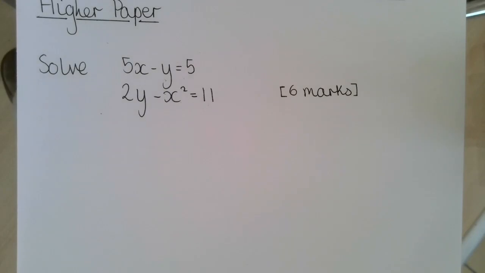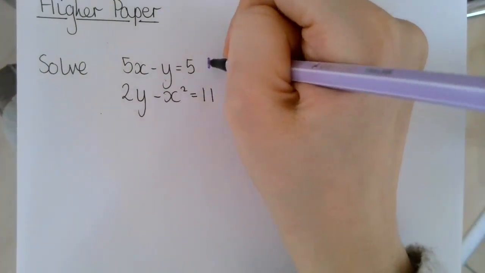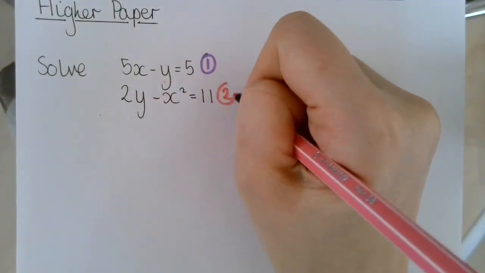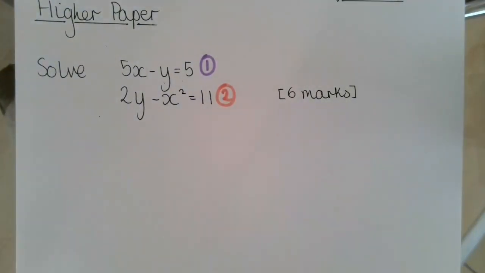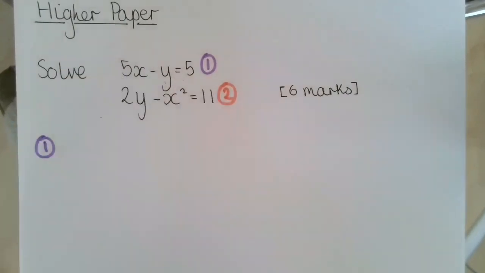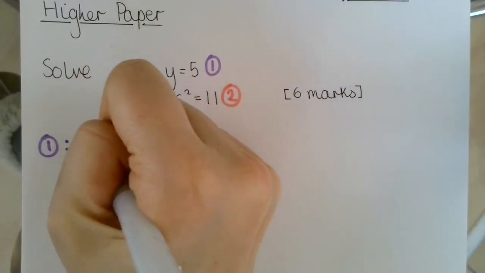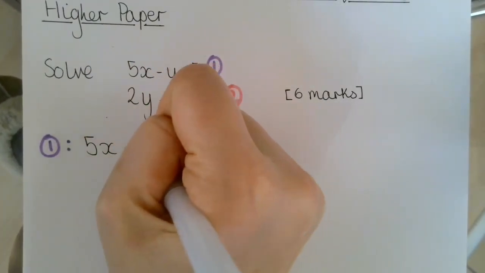In order to start solving this, we're going to rearrange both of our equations so that we get them of the form y equals. So I'm going to call the linear equation equation 1 and the quadratic equation equation 2. We're going to start by rearranging 1 to get it of the form y equals. So we've got 5x subtract y equals 5.